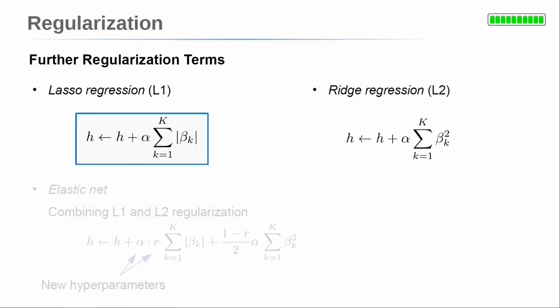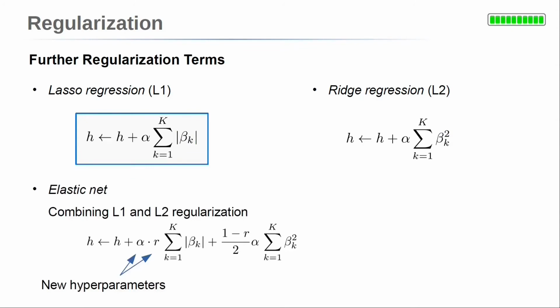A further commonly used regularization term in the cost function is the so-called L1 regularization. In case of the linear regression model, this gives the so-called Lasso Regression model. In contrast to the L2 term, where the square of the parameters beta is used, L1 takes the absolute values into account.